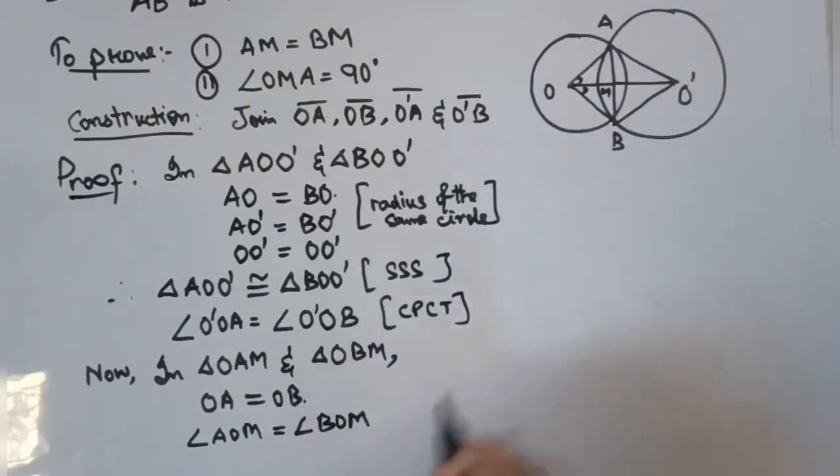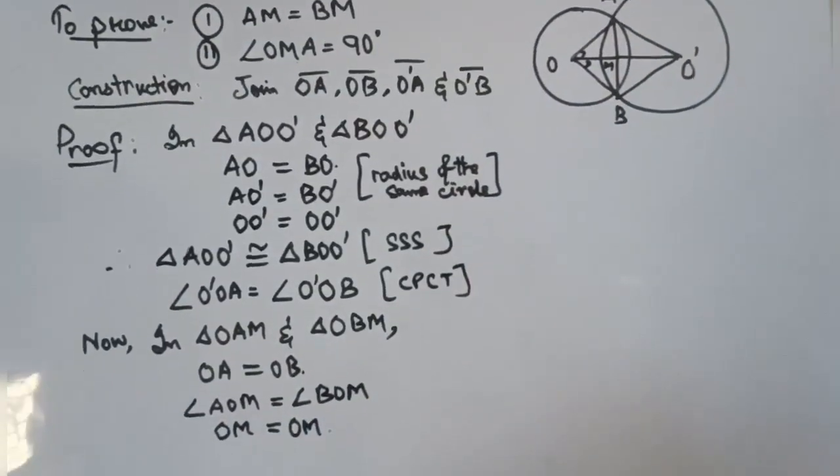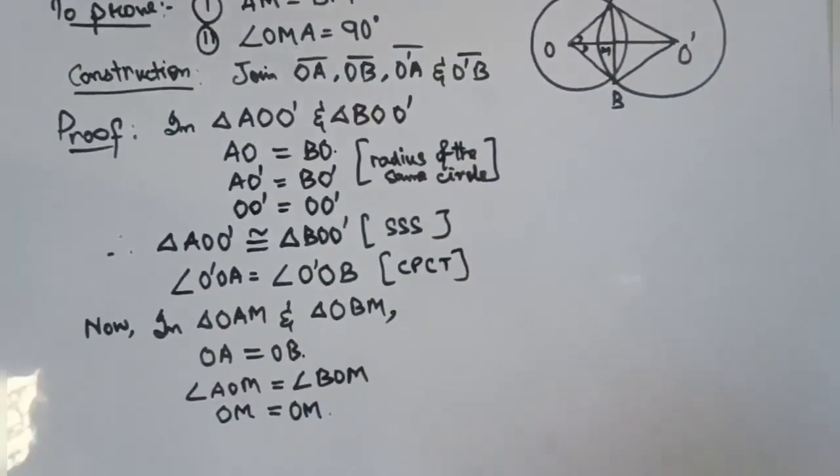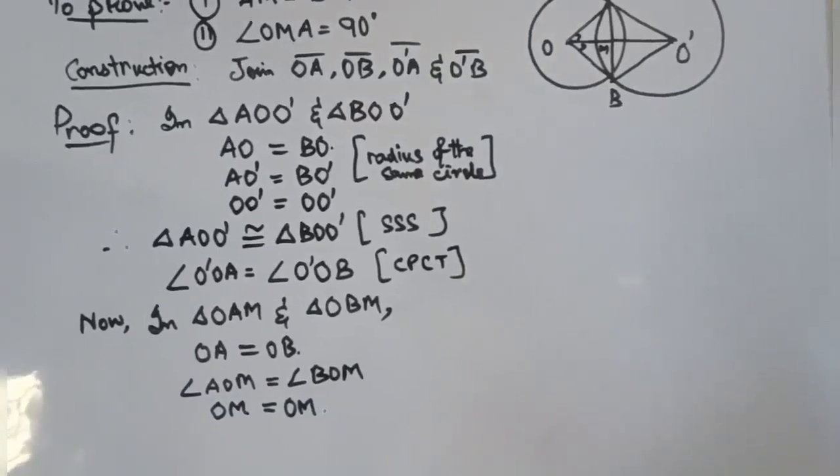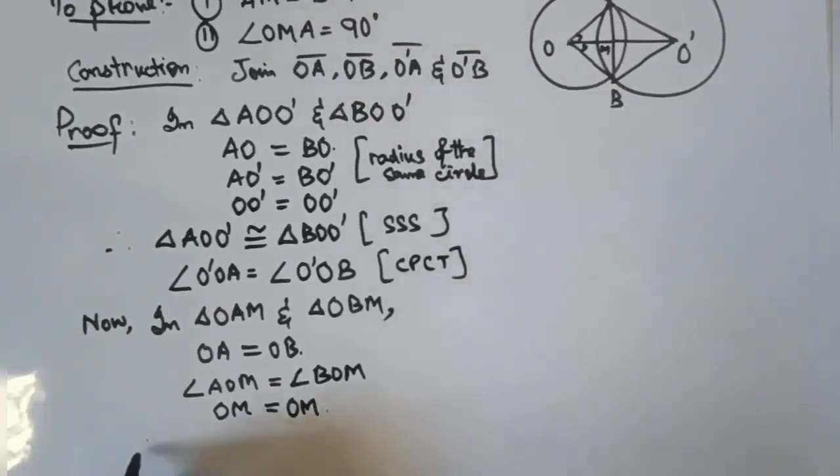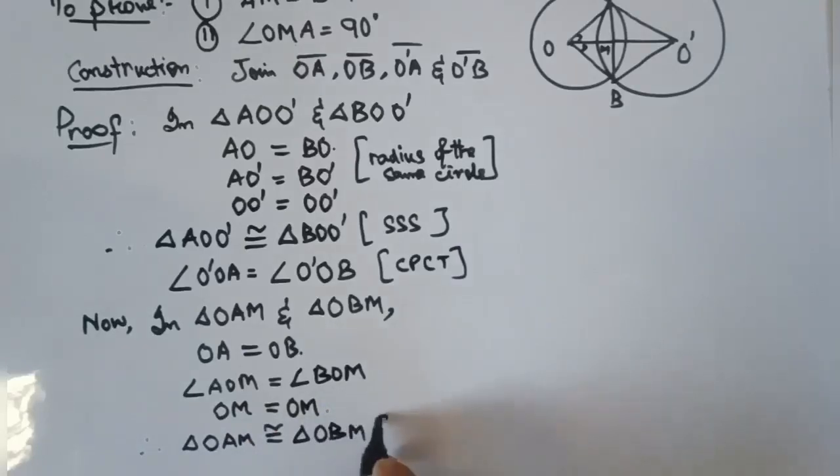And then OM equals OM, the side common to both the triangles. Now, by the SAS congruence theorem, these two triangles are congruent. Therefore, triangle OAM is congruent to triangle OBM by the SAS congruence theorem.